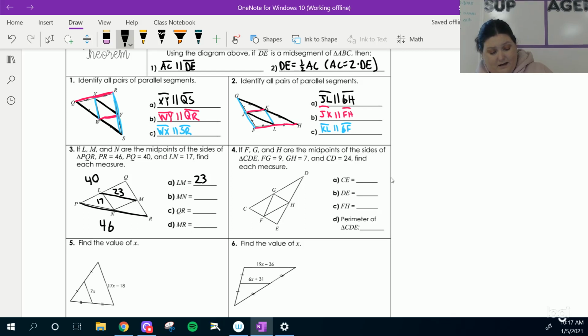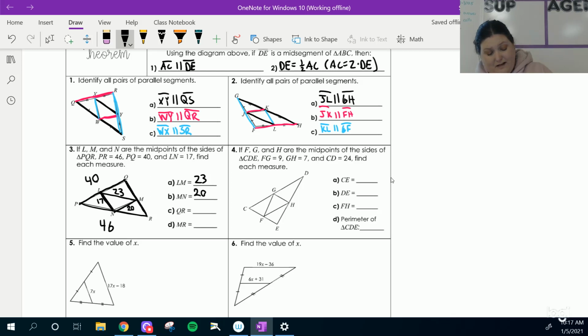Next one, MN, that's this one here, matches up to this one here. So half of 40 is 20. QR is this whole side here. So QR is double 17 because the midsegment here is half of the bottom.